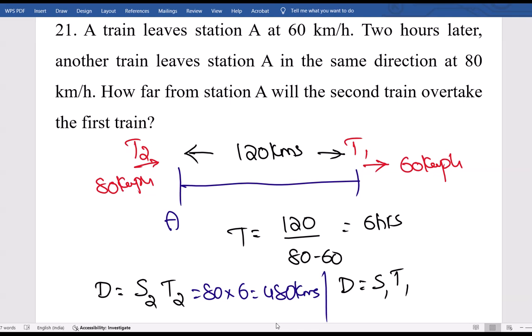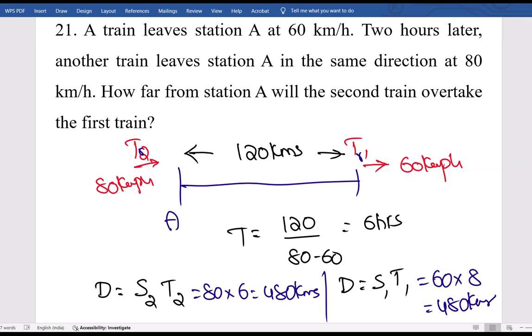Now I'll calculate distance is speed into time, S1 T1. First one speed is how much? 60. But time traveled is 8 hours, because the first train started 2 hours before. Now 6 hours, 2 plus 6, 8 hours. It will also give the same 480 kilometers. Both the trains are starting from the same place.